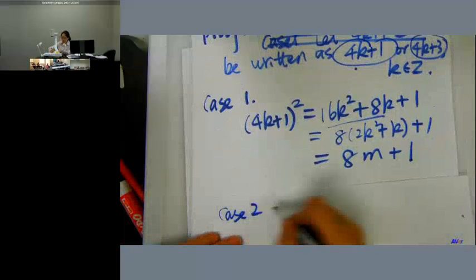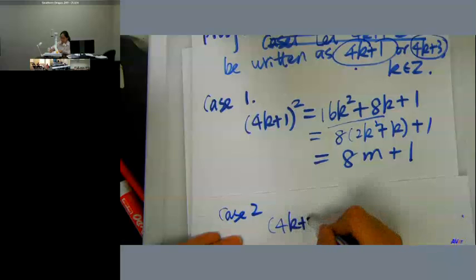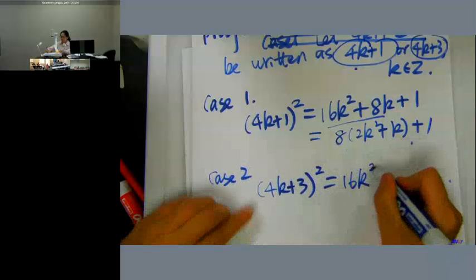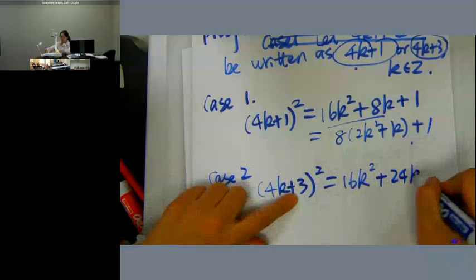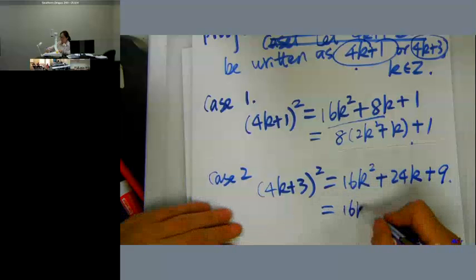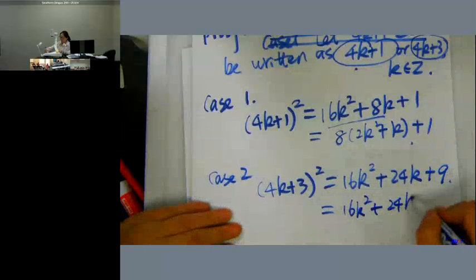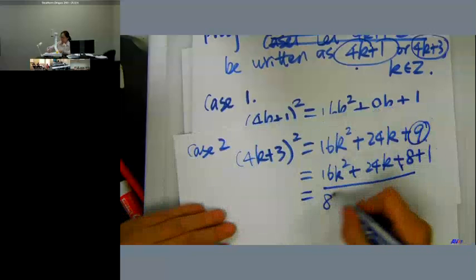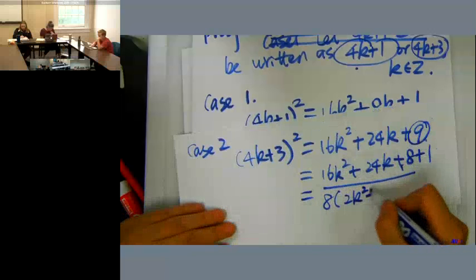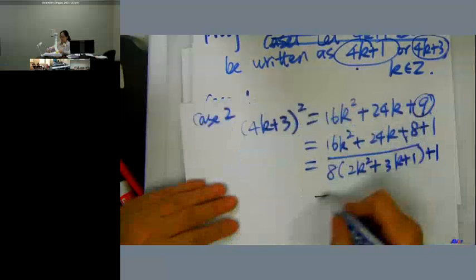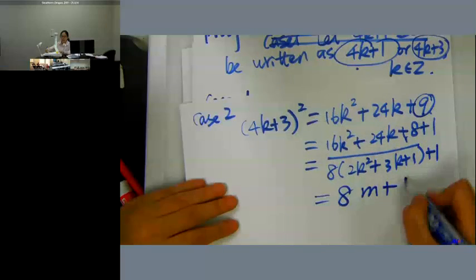You have 4k plus 3 squared, which is 16k squared plus 24k plus 9. So I'm going to rewrite that 9 as 8 plus 1. So I can factor out 8 from the previous expression, plus 1. So that would be 8m plus 1 again.